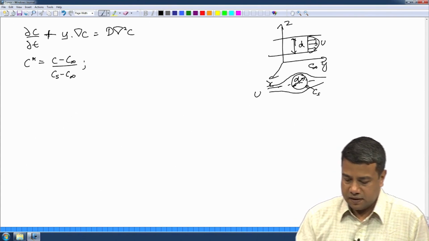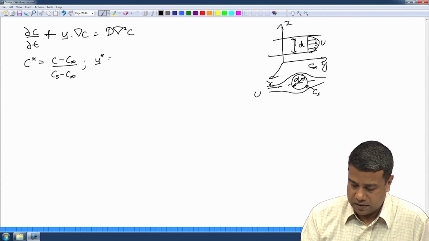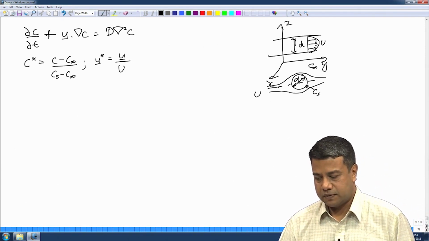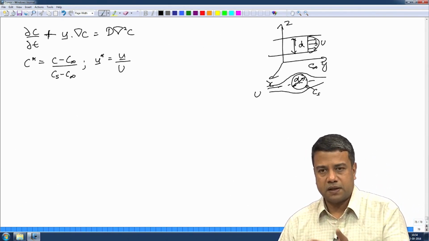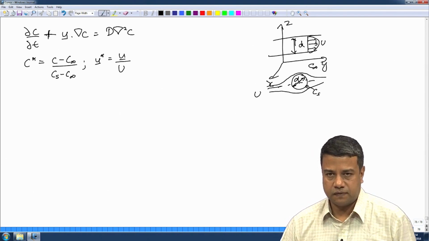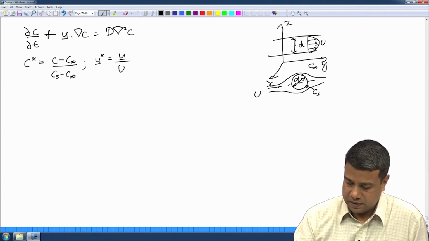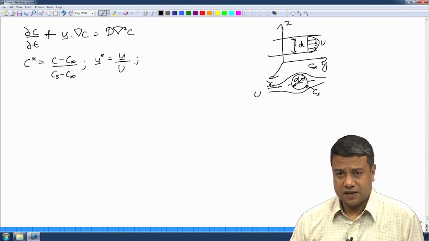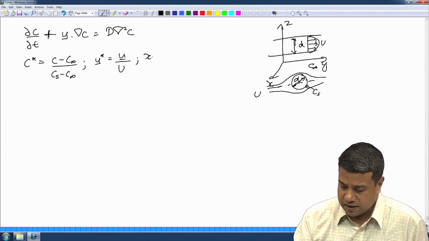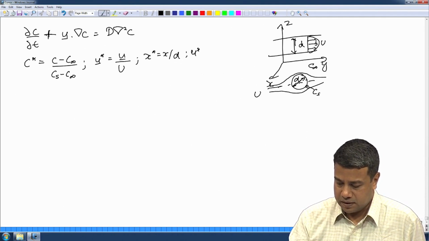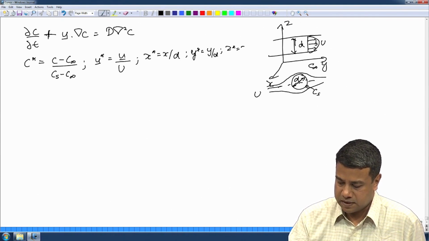One can define a scaled velocity u star is equal to u by the characteristic velocity capital U, which is the average velocity of the flow through the pipe for internal flows or flow around the object for external flows. I can also scale the length scales. In general, I would scale the length scales as x star is equal to x by d, y star is equal to y by d, and z star is equal to z by d.